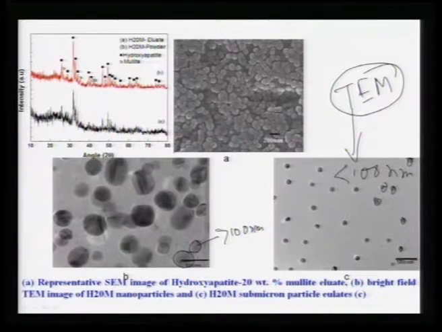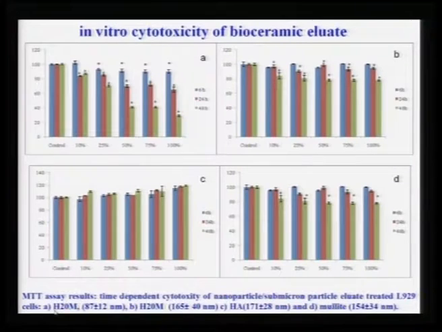So that we can see what effect it can have as far as toxicity is concerned. On the x axis the optical density is plotted, and along the y axis the different concentrations of the hydroxyapatite mullite are plotted. Control means there is no particle treatment, so in the control case all the cells are surviving.